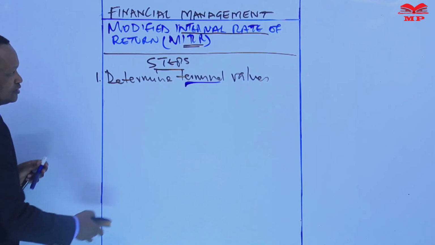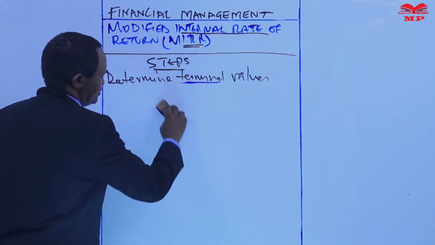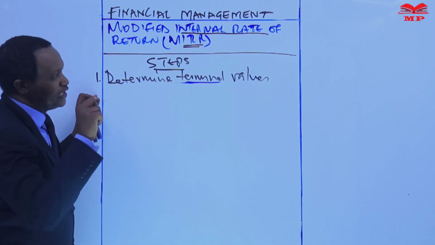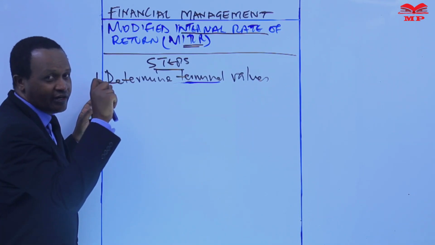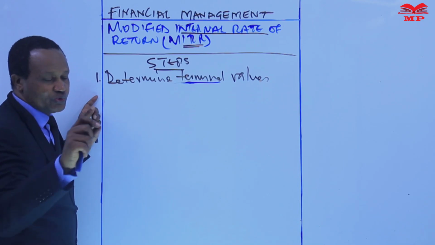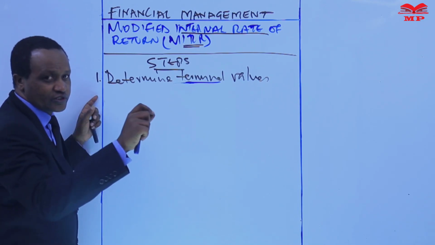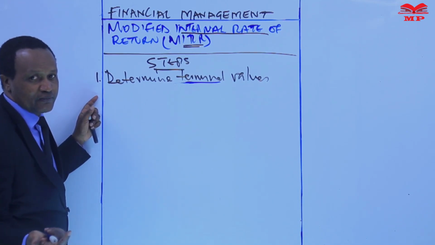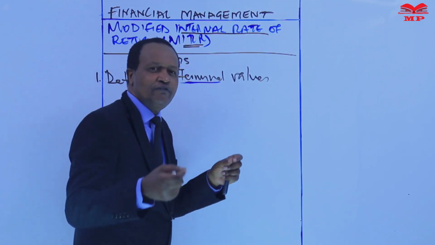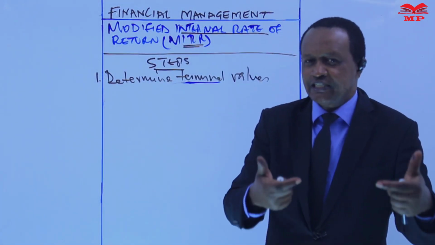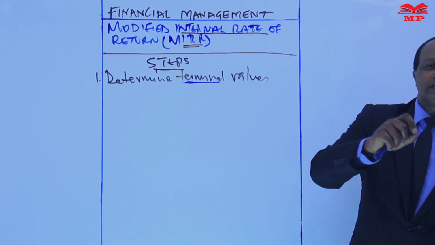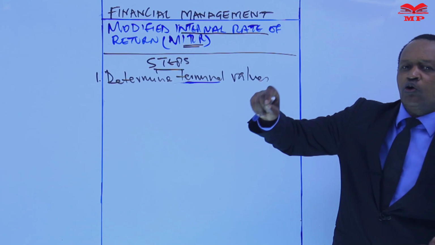What are these terminal values? Now, terminal values are the values or the cash flows at the end of the project. Values at the end of the project of all cash flows.